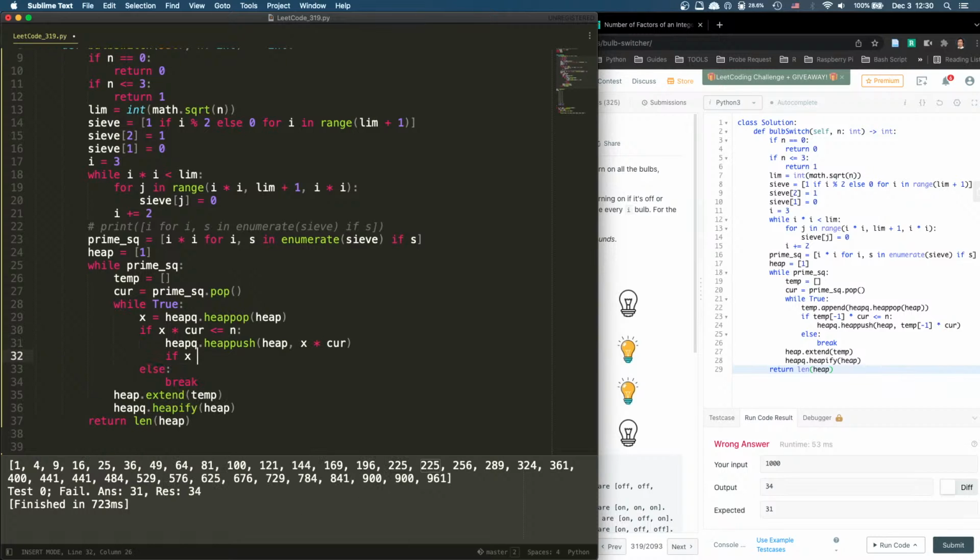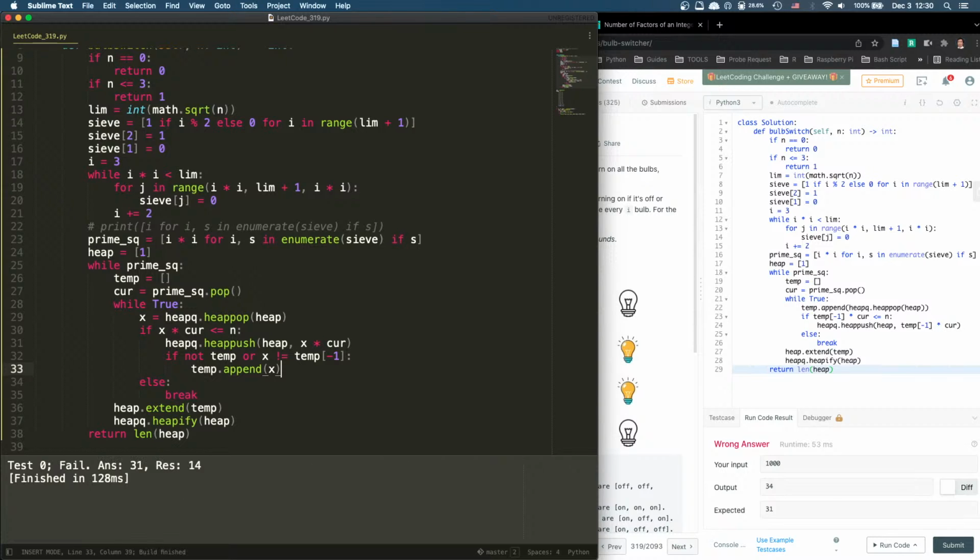We say if x is not equal to temp. So if not temp, or is not equal to temp dot append x. Okay, so if we go to this, oh, that is not right.